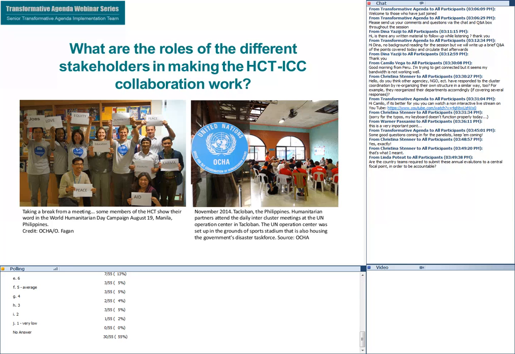And finally, I think one of the things that NGOs benefit from a lot is proper sequencing of the relationship between the ICCs and the HCTs. In situations where you have the agendas of the ICCs prepared well in advance, NGOs can input to these with evidence and information and suggested action that can trickle to the agenda of an HCT and result in a strategic decision or complementary advocacy or complementary fundraising.